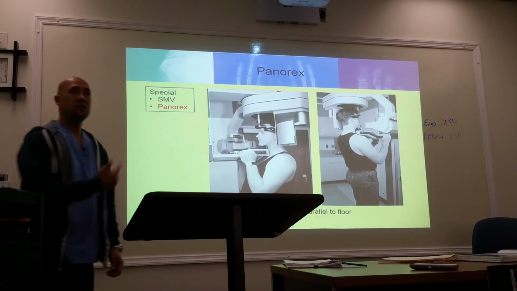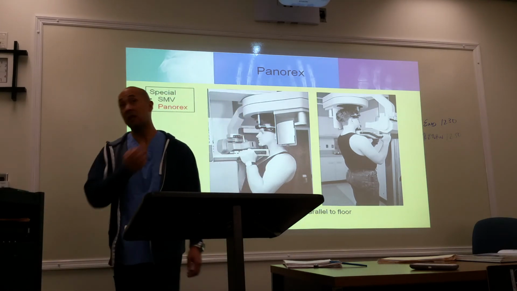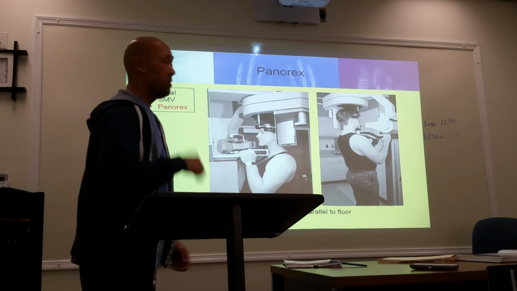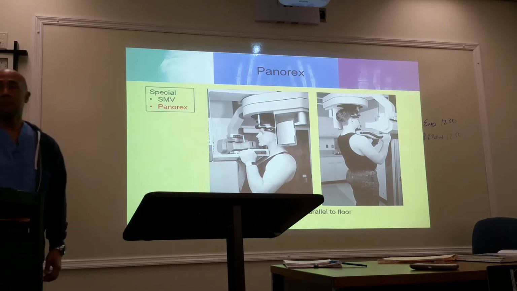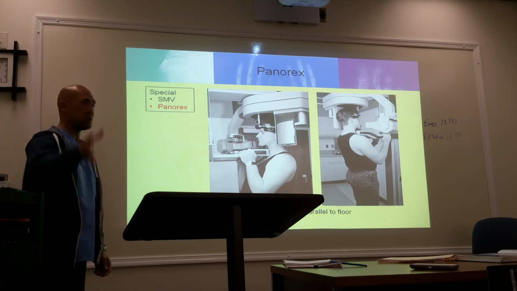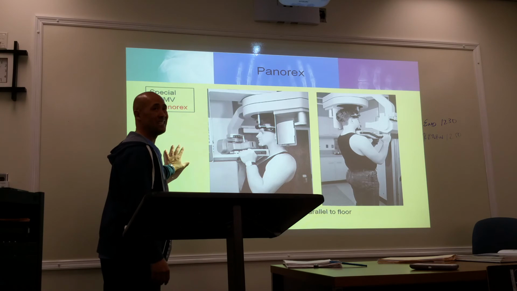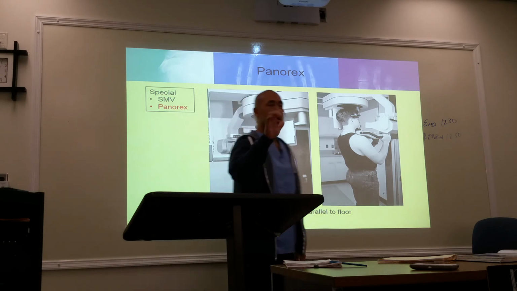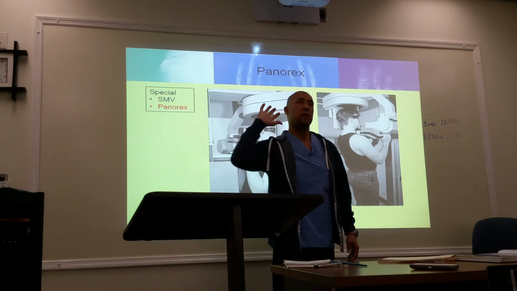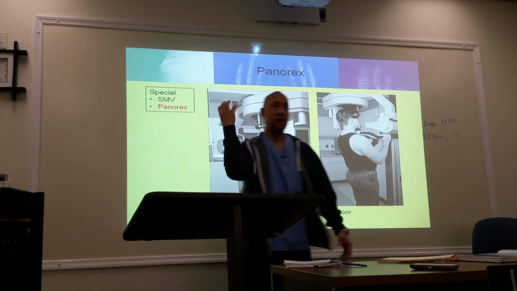All right, you guys familiar with the Panorex unit? If you've been in the dental office, getting a survey, okay, right? At Anaheim Memorial, Anaheim Regional is what it's called now, we used to have a Panorex machine, and we did 1 or 2 of these a day. So this is an X-ray unit that during the exposure, the X-ray tube goes around your face.